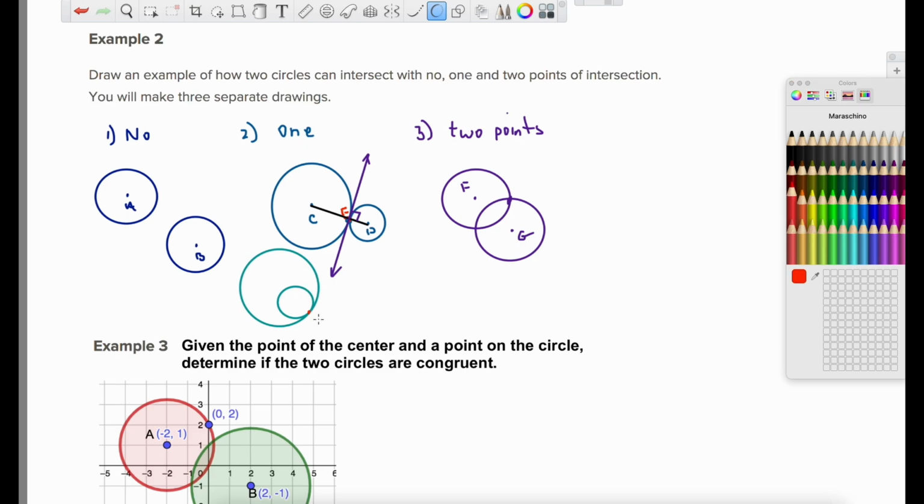Right, they intersect at that point, H, let's say. And we could draw a tangent through H, and it would be perpendicular to both of these radii here. I didn't draw that very well. Okay, but both these radii would be perpendicular to the tangent line that goes through the point of tangency H. Okay.